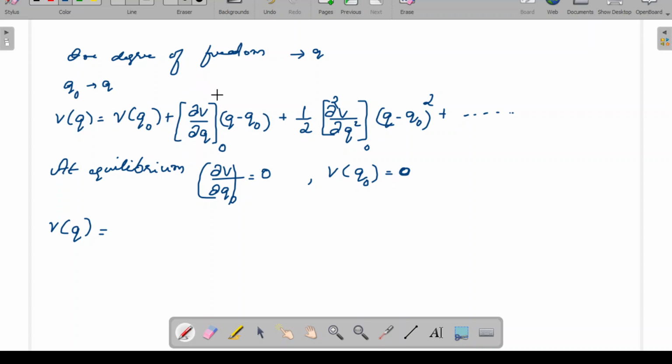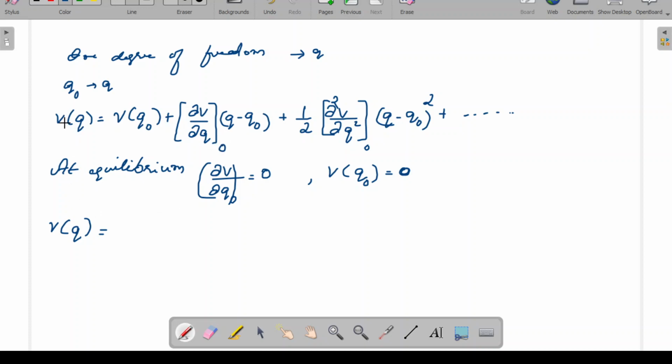Just reminding once again, since the first term in this series is at the equilibrium, we take V(q0) as 0, and since the potential energy is minimum, ∂V/∂q also becomes 0 at equilibrium.